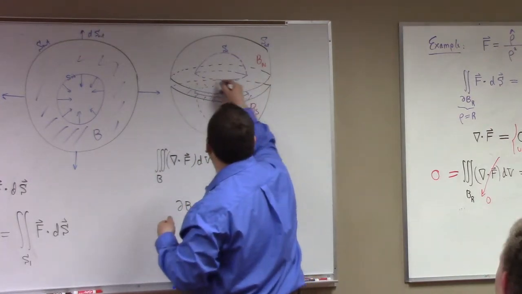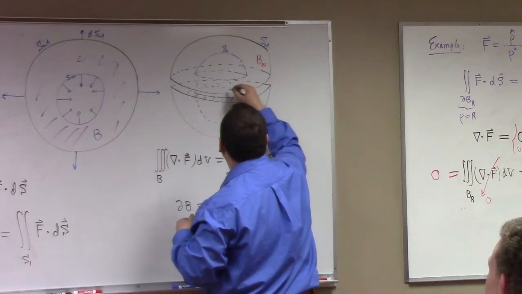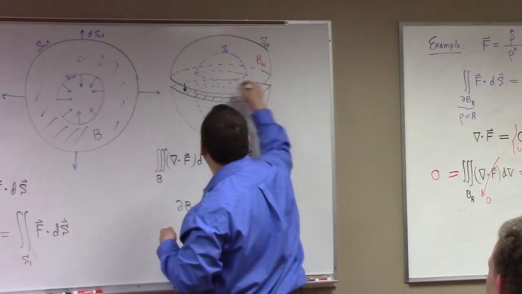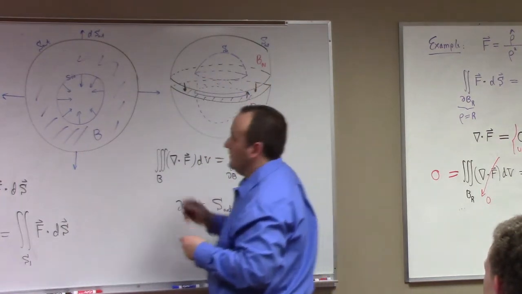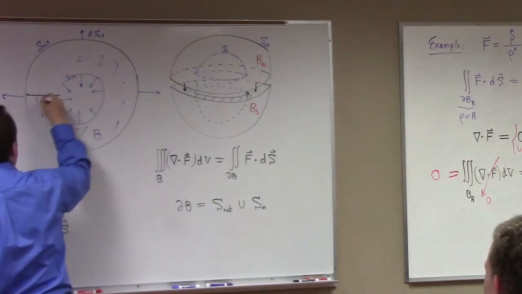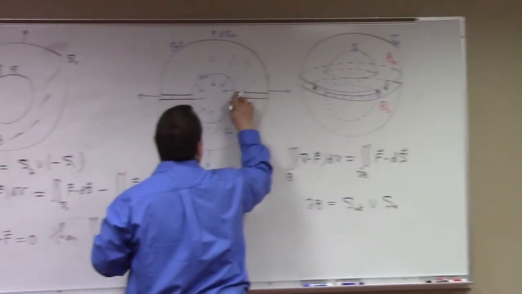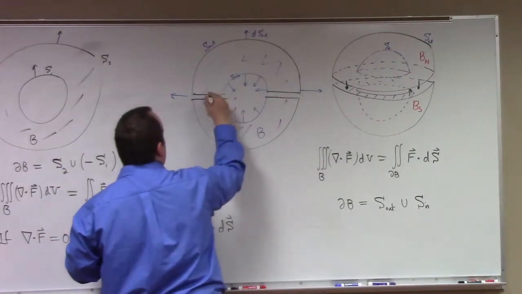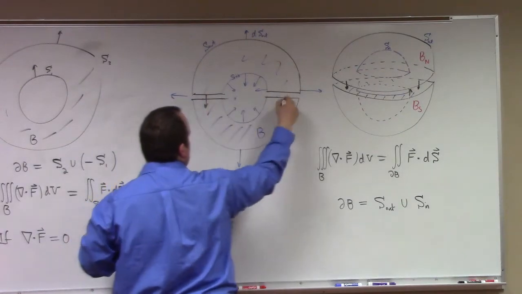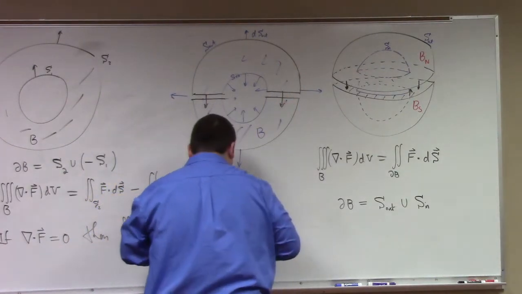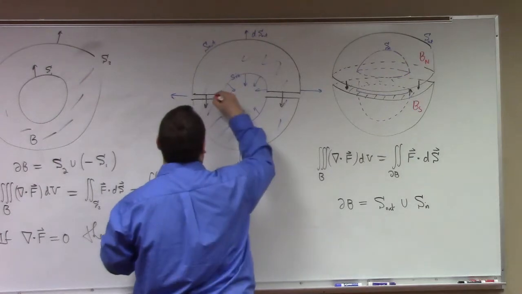This part would be oriented that way, and on the upper half it would be the other way. If I draw it over here, the cutting looks like this, and this would be down, and the same surface but oppositely oriented would be up.